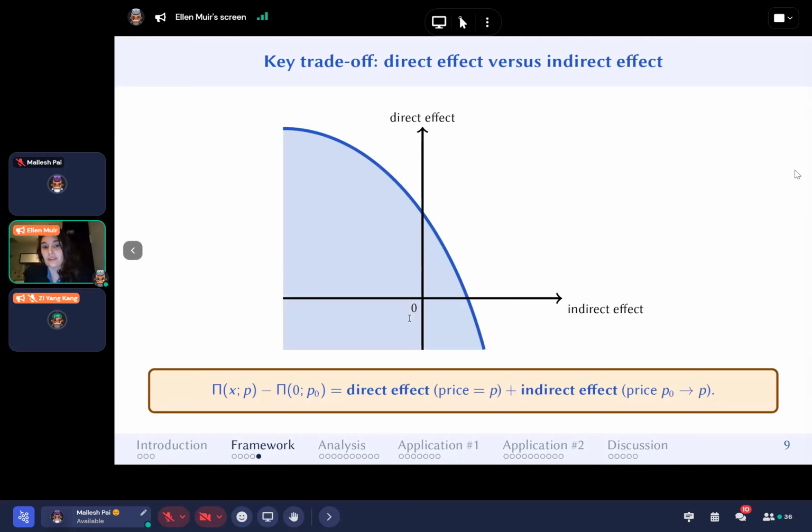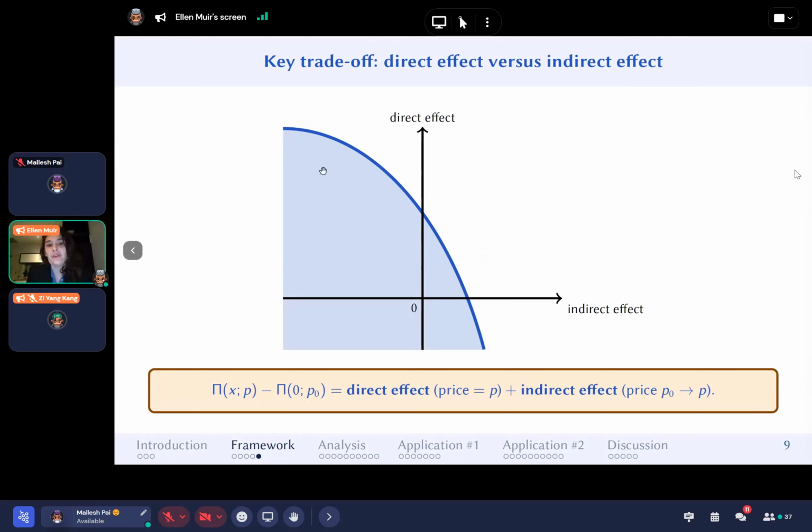And so naturally the non-trivial or interesting problems are going to be the case where we get this trade-off between this indirect effect and direct effect. And what we're going to be thinking about eventually is mapping out a frontier of feasible direct and indirect effects.